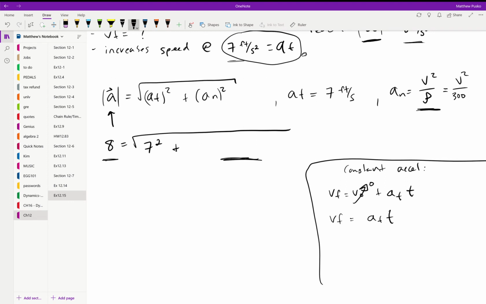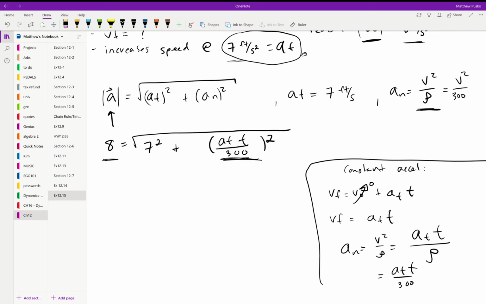Okay, well, let's go ahead and plug that right into the normal component as v squared over rho. I'm going to say it's now the tangential component times time over rho, or the tangential component times time over 300. So I'm going to plug that in here now: the acceleration in the tangential direction times time divided by 300, and that's all squared.